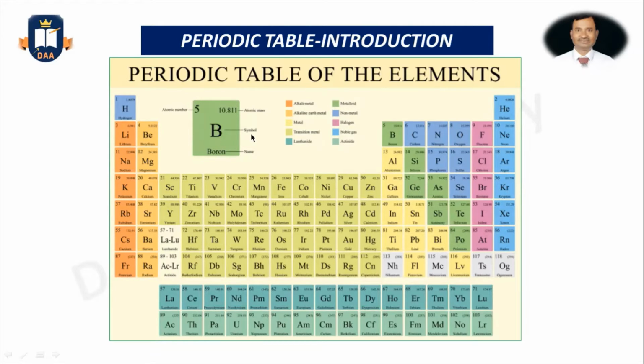B is the symbol, boron is the name, and right side top it is the atomic mass, and left side top it is the atomic number. We know that atomic mass is the sum of the mass of proton and neutron.